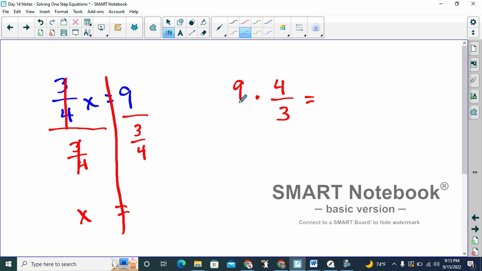I don't have anything on the bottom here. That's the same thing as a 1. So 9 times 4 is 36. 1 times 3 is 3. And 36 divided by 3 is 12. x equals 12.